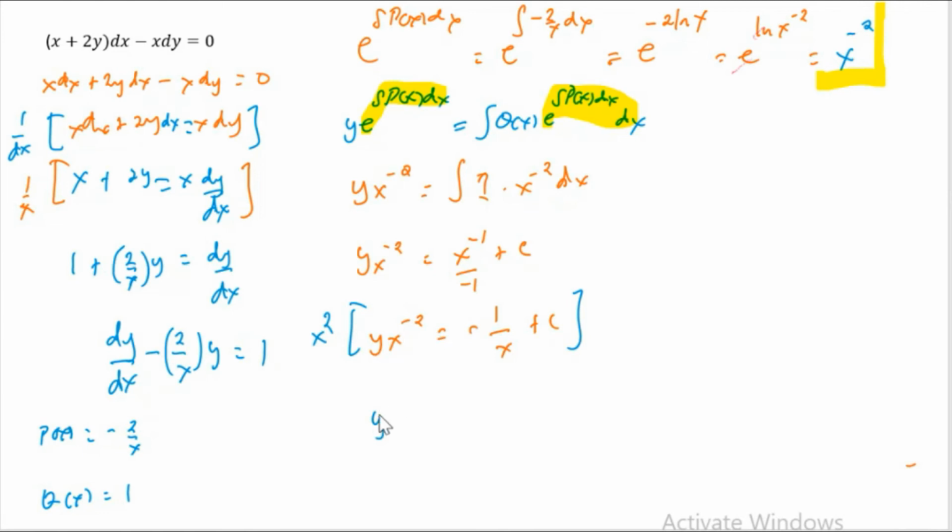So the answer becomes y is equal to x squared times negative 1 over x. So that is now negative x plus c x squared. So this is now the answer for our problem.